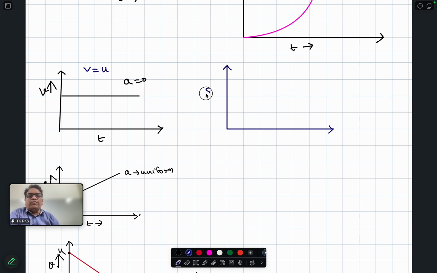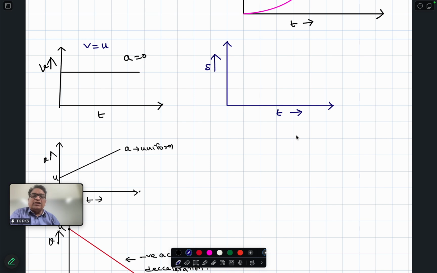What is going to be the nature of the position versus time graph in this case? Akshaya, can you please tell me what is going to be the nature of this graph? Constant velocity and acceleration is 0.